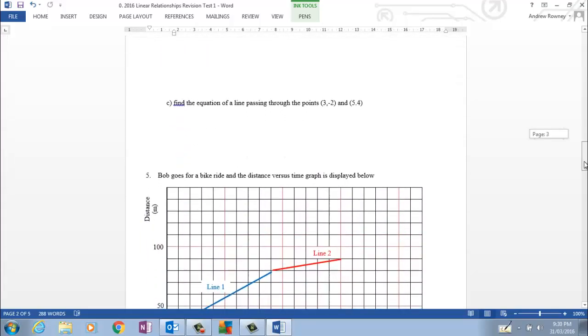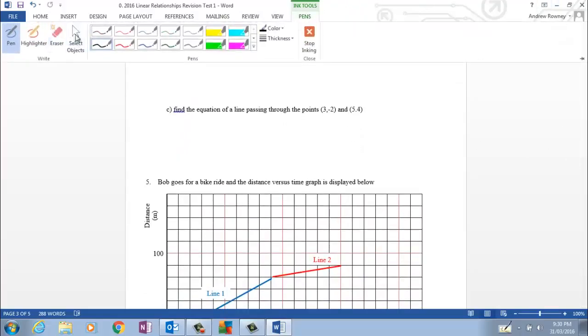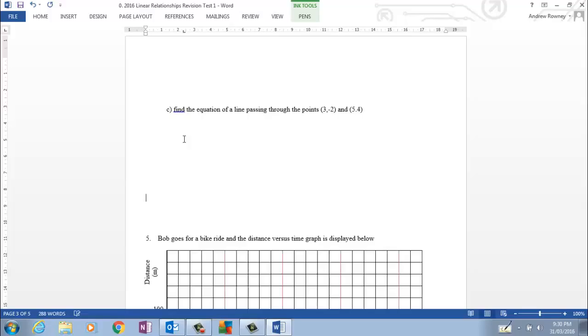Find the equation of a line passing through these points here. We need to work out the slope first, followed by the y-intercept.